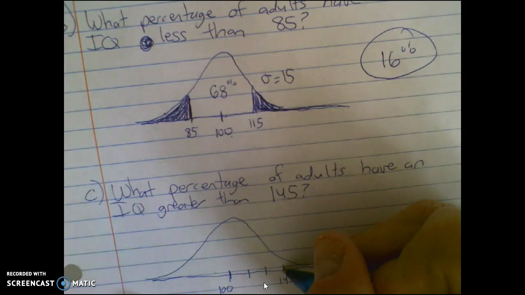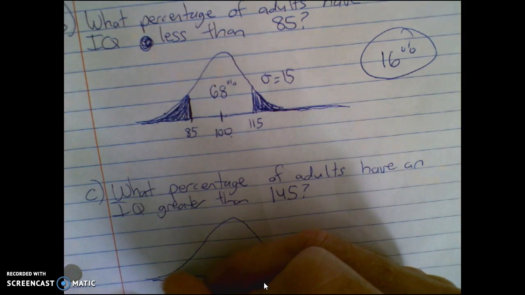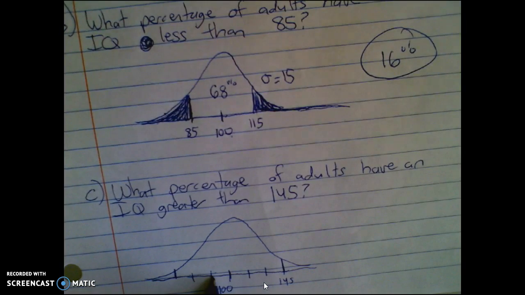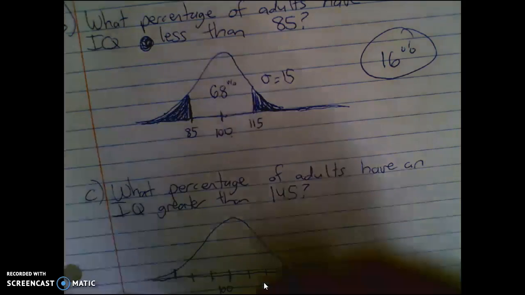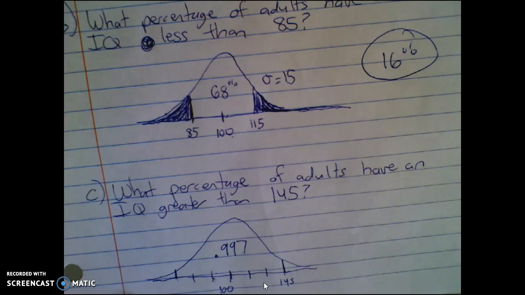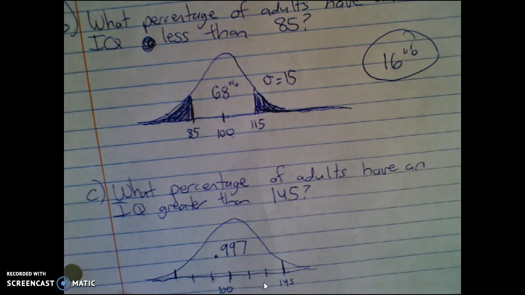And what we know about the empirical rule, and I really don't need to figure out what these are, but if you did want to, that's 85, 70, and 55. So we know that 0.997, or 99.7%, lies within 3 standard deviations.